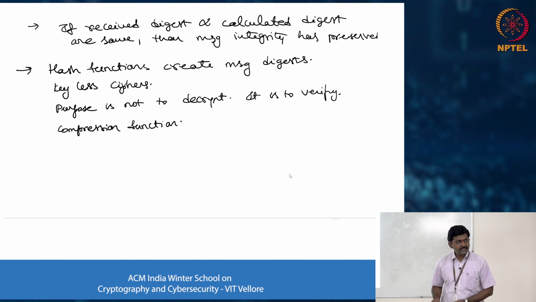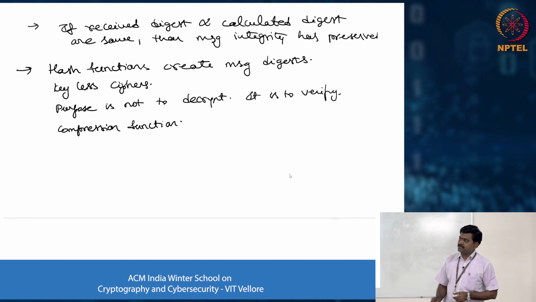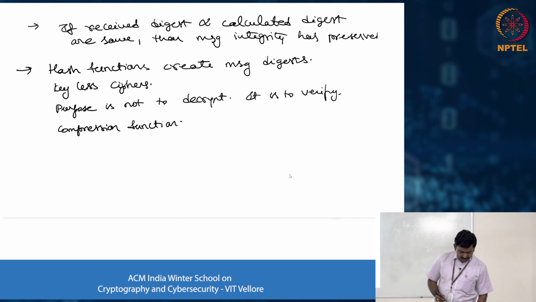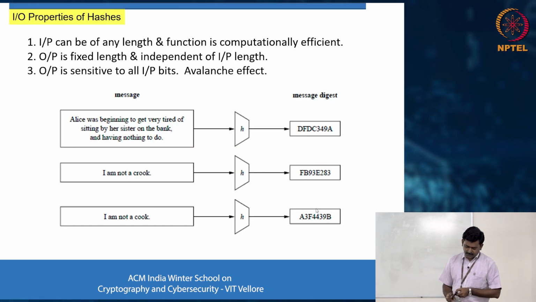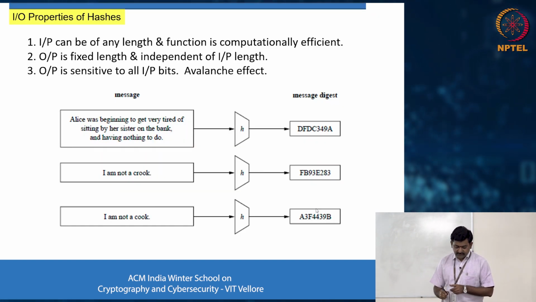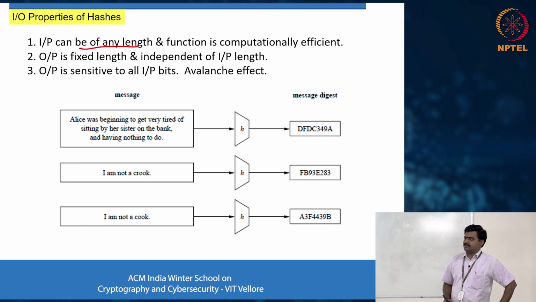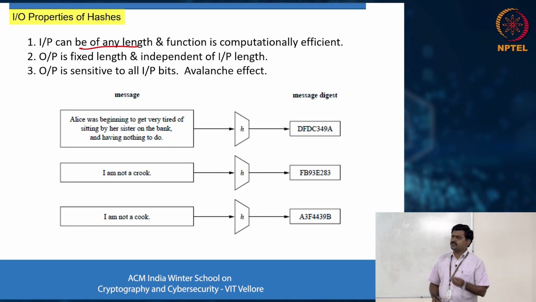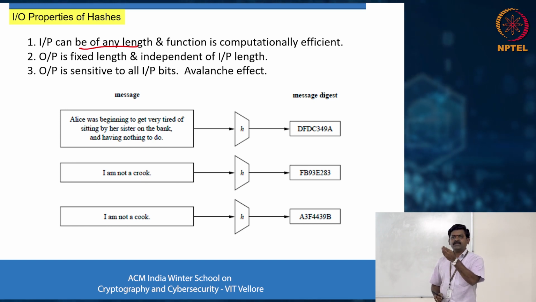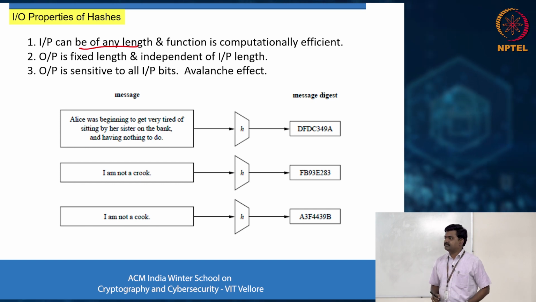Now, can I use any compression function? There are certain properties that it should satisfy. Let us see what the properties are. Number one, my hash function can take any length message. I have just shown one page, one document, but it can take any length message.